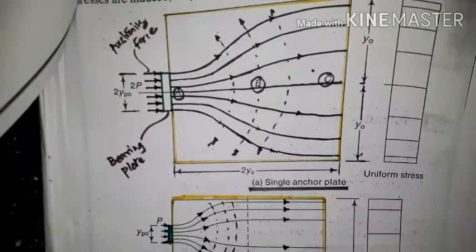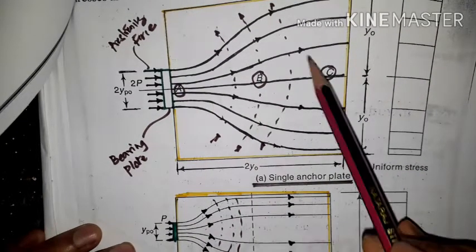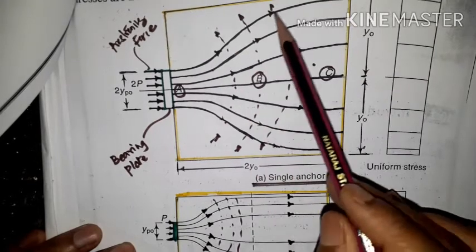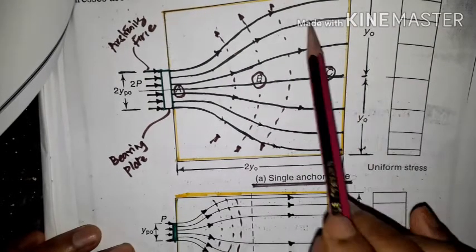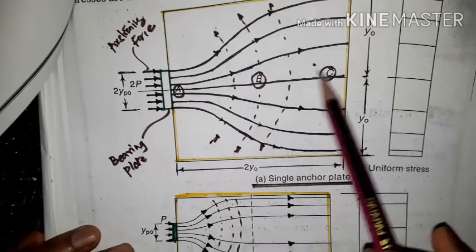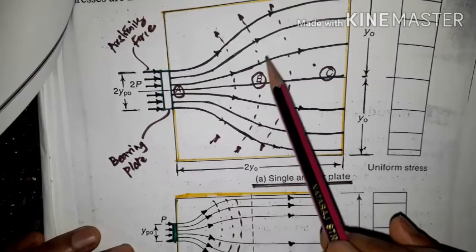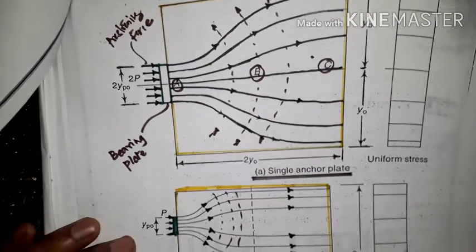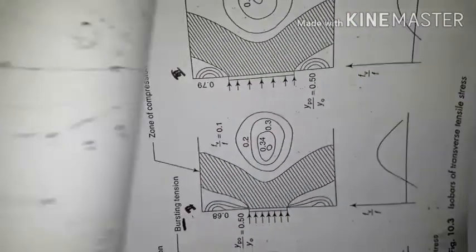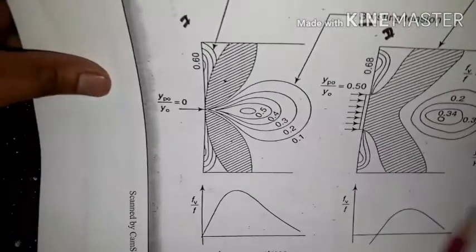I have also told you how we discussed the flow of the forces. Again these become parallel and the flow will be uniform, but here the flow is not uniform. I also discussed how the stresses will develop in zone A, zone B and zone C. There are different zones.